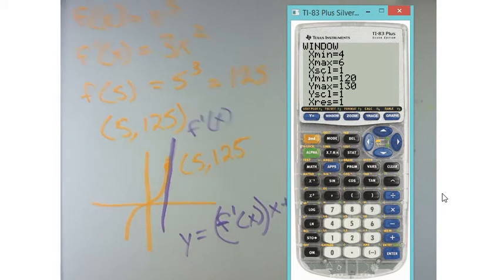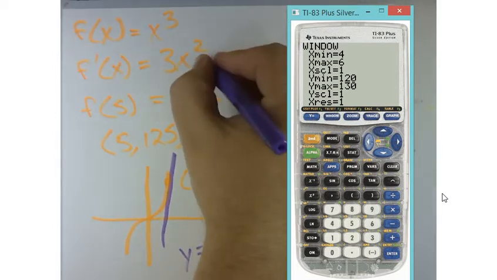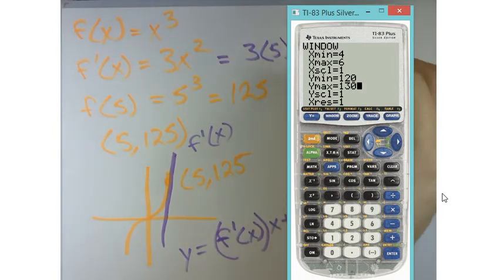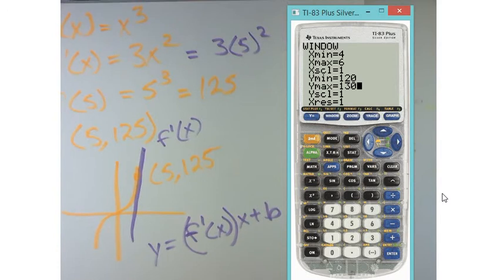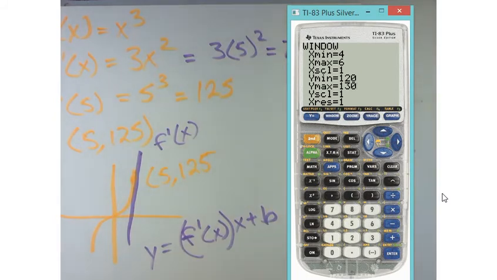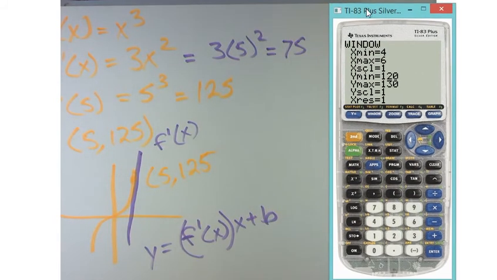And we said that that is equal to 3x squared. So that would be 3 times the quantity 5 squared. Well, 5 squared is 25, and 3 times 25 is 75. So the slope of that line should be 75. That's a pretty steep slope.